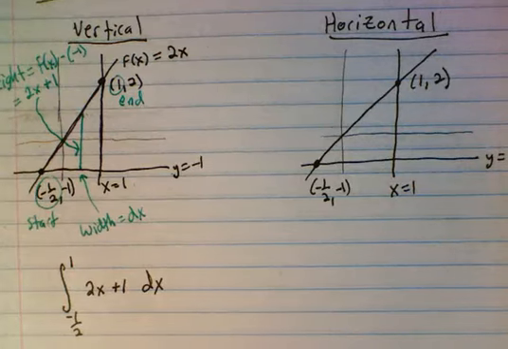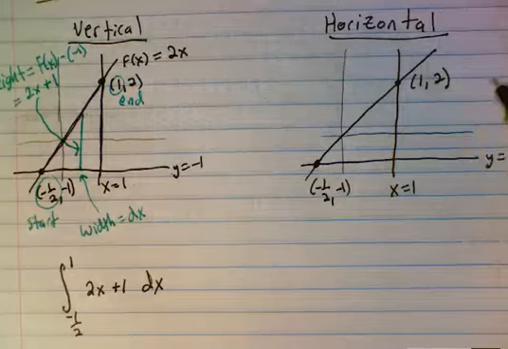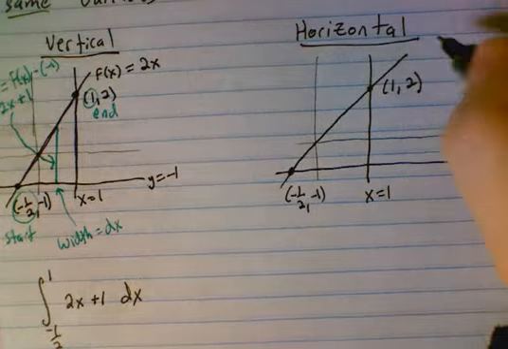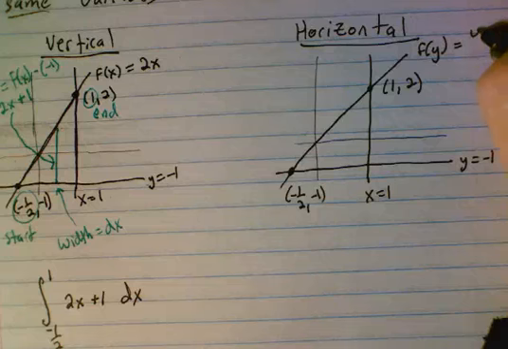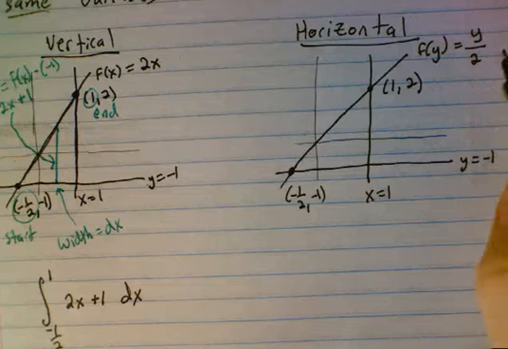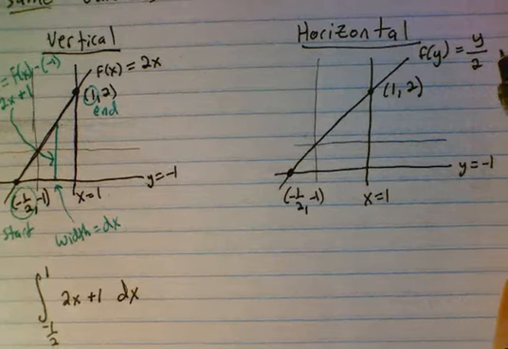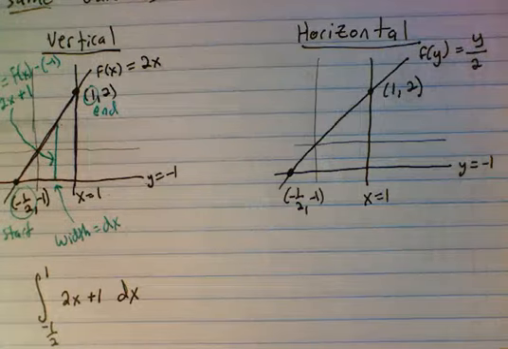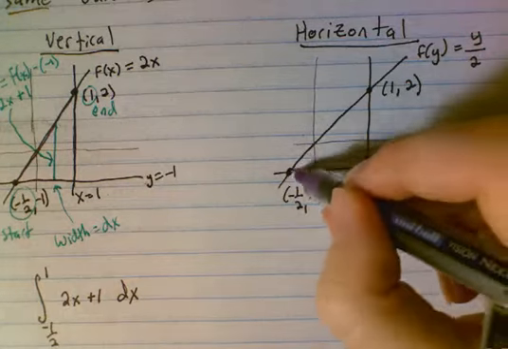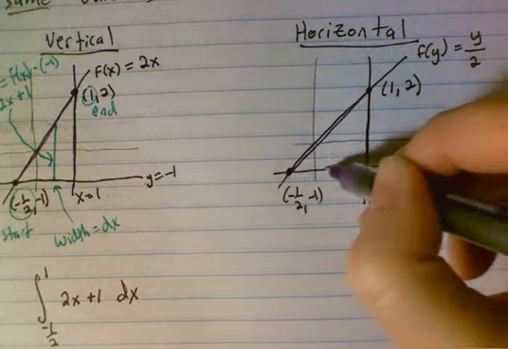However, instead of having a function in terms of f of x, I'm going to have a function in terms of y. So I'm going to call this f of y equals y over 2. Notice the variable is different right here. And I'm going to show you how to convert from here to here a little bit later in the lesson. But we're still finding this area right here.